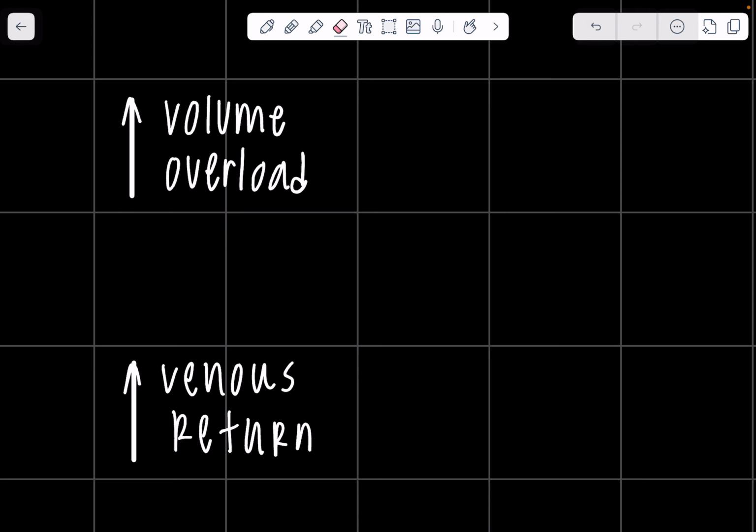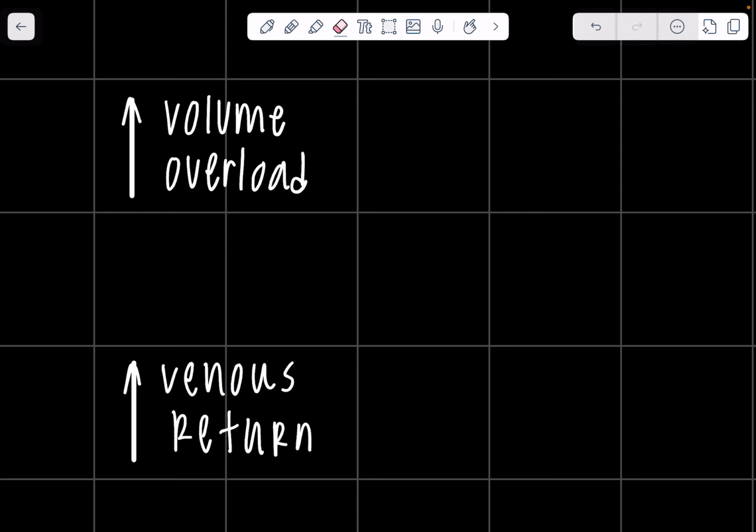An example of increased venous return could have to do with maybe a positional change, right? Some of the things that we've talked about previously, especially with our RAS system, is how different mechanisms like squatting, or even standing, can change how much venous return we have coming to the heart.